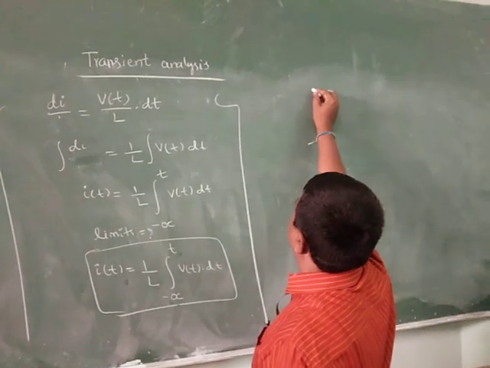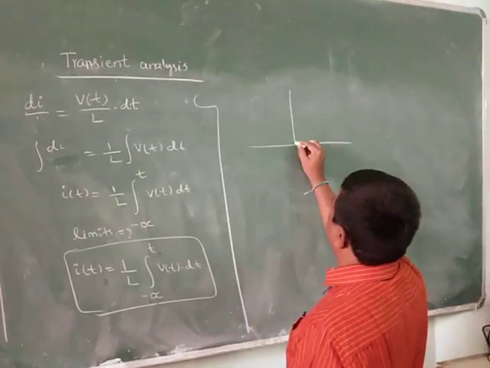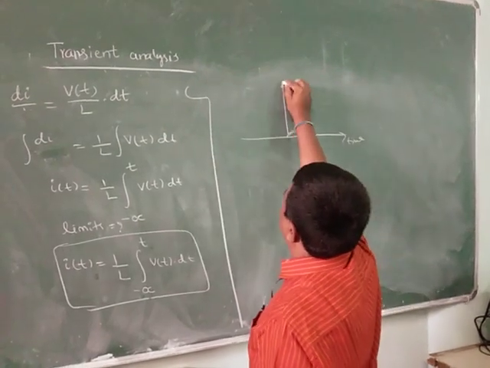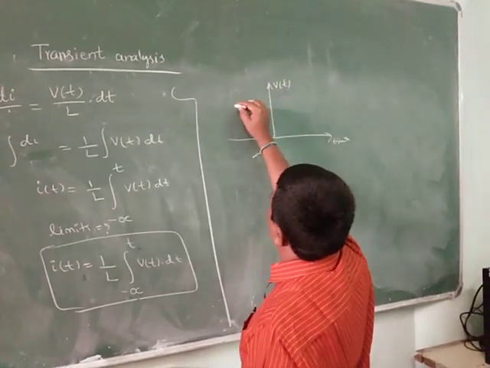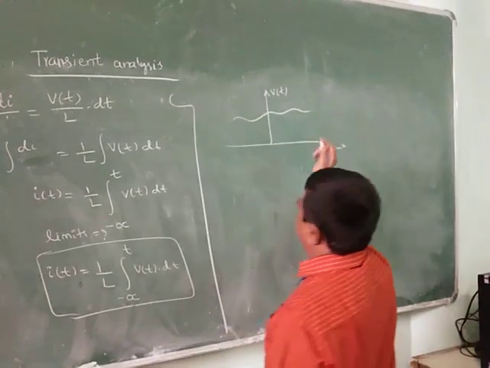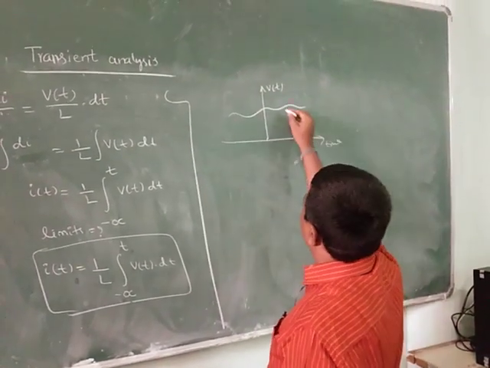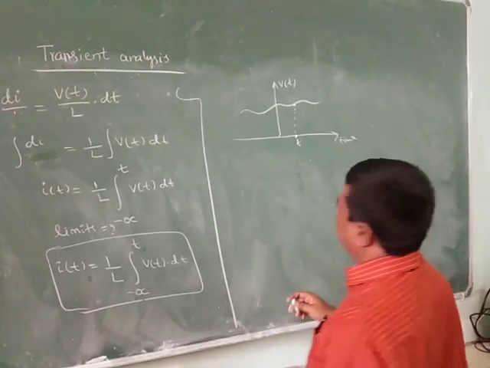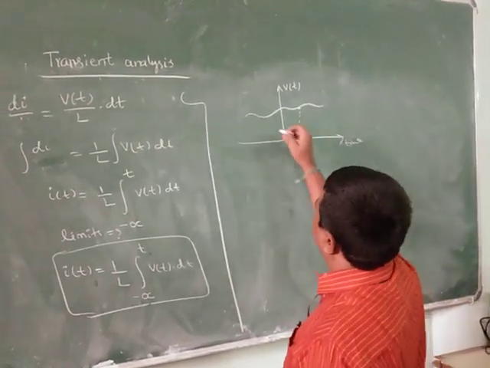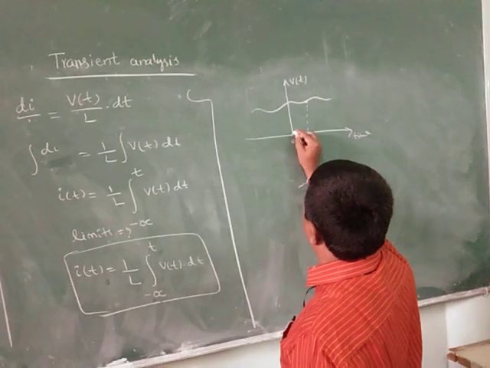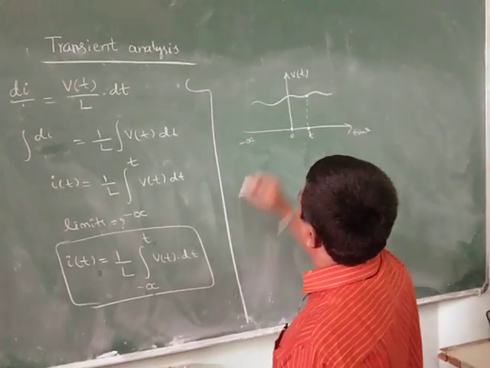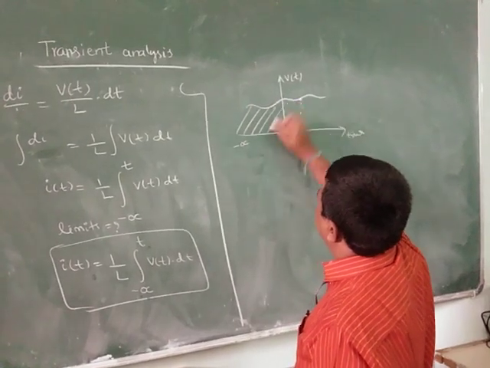Now what it represents: this is the time, and this is the voltage V of t. Suppose I want to find the current at t. That depends upon the voltage from minus infinity to t, with 0 somewhere in between. So this is the previous history.